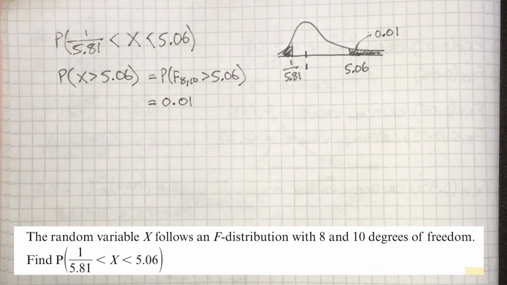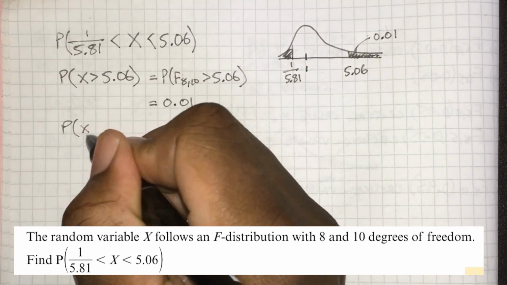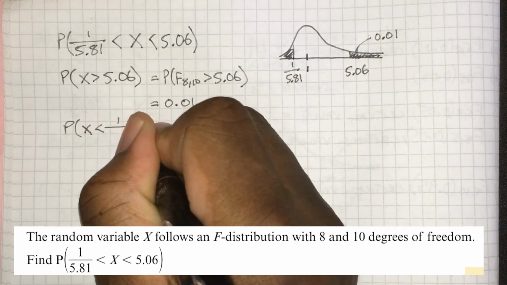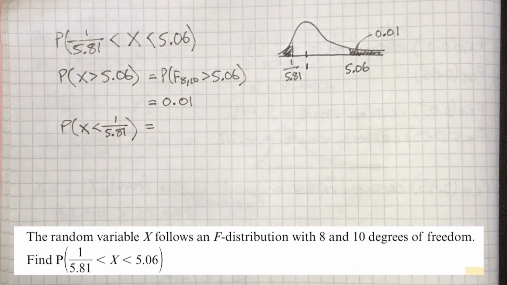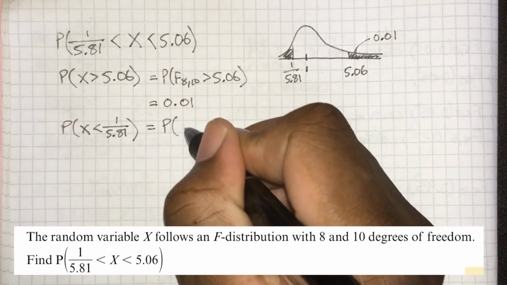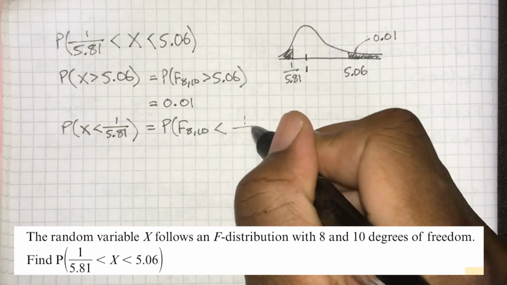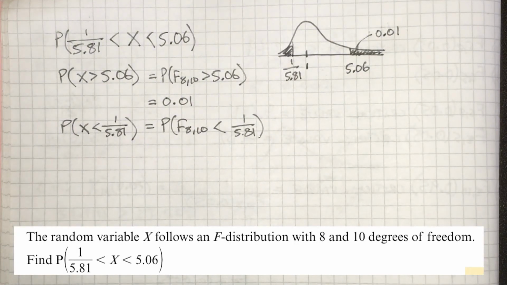The probability that x is less than 1 over 5.81. X follows an F distribution with 8 and 10. And I can already see I've got a reciprocal. I already know that the F tables only really work for values where the probability exceeds a specific value. So that's a clue that I need to use that reciprocal identity.